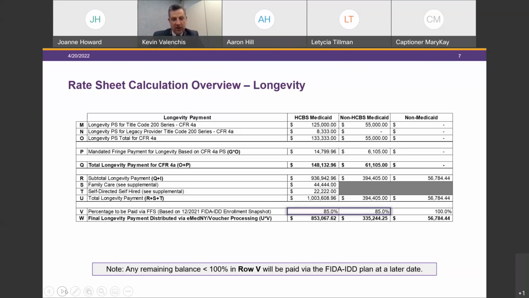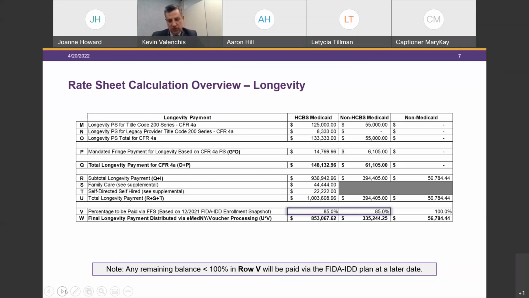In this case, you'll see the supplemental rate schedule that this provider received: $44,444 in the equivalent of a calculated difficulty of care payment increase of 20%. And for the self-directed, self-hired staff liability, they received $22,222 as the calculated benefit there. We'll talk about the slightly nuanced approaches with each of these in a minute.